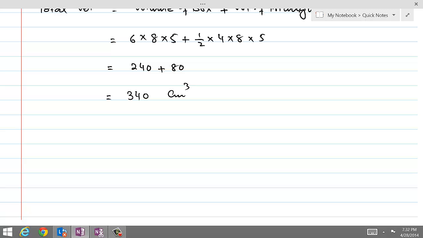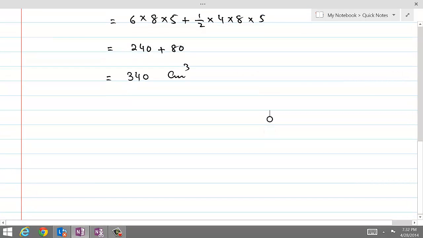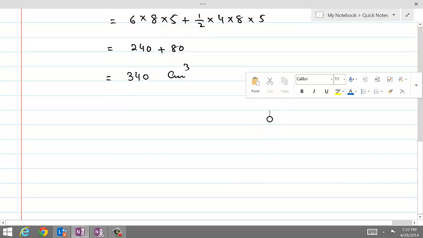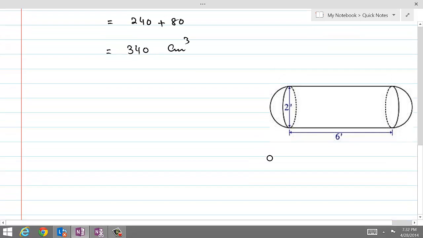Let's do surface area and volume for another one, and this is the shape.